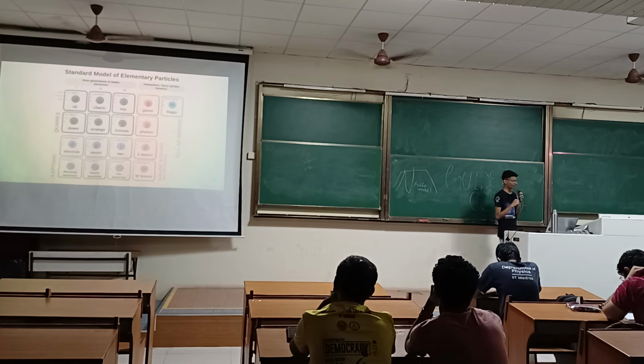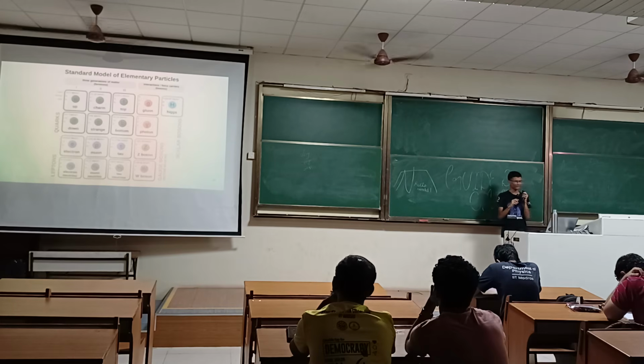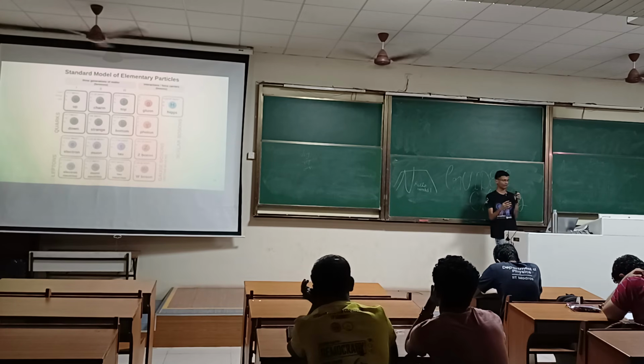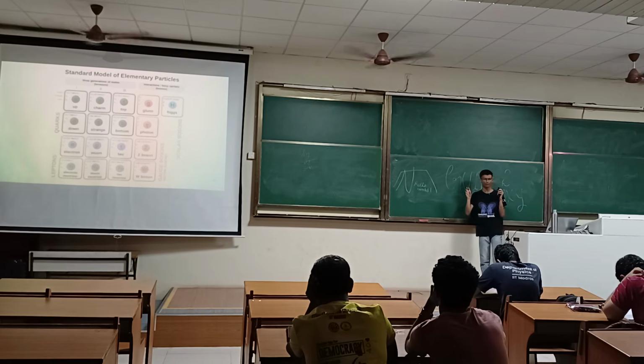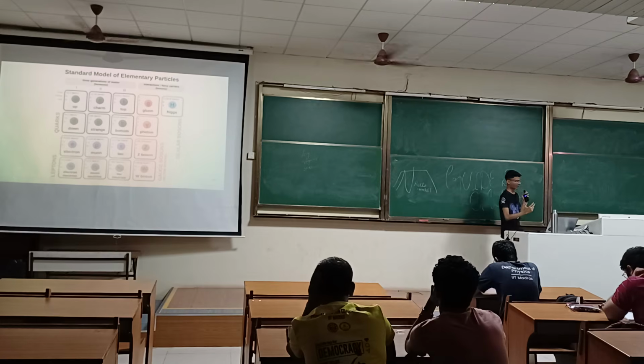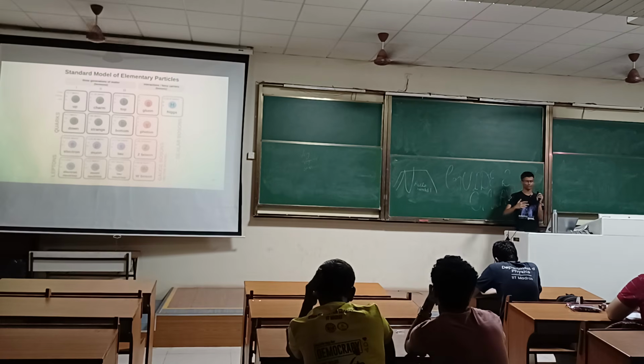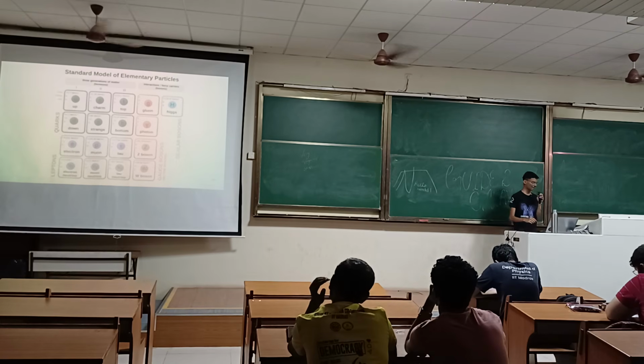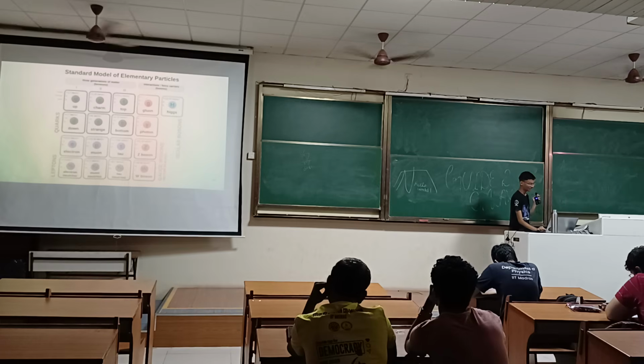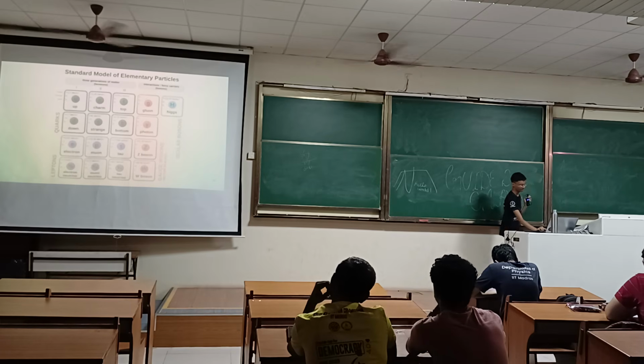The Higgs boson is quite famous because it was discovered recently, and it helps to explain how particles get their property called mass. Basically, interactions with this Higgs particle are what give other particles their mass. So this is a very brief and simplistic summary of the standard model.